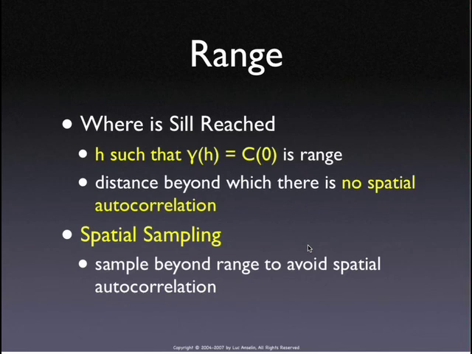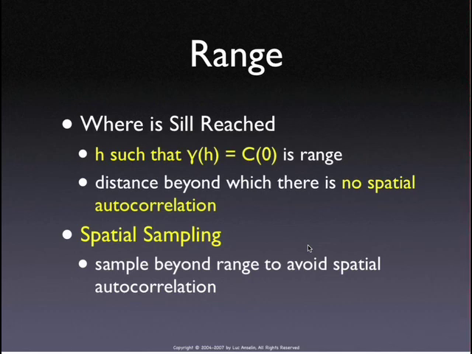As long as I stay H distance enough away, the range of the process, there is no longer any spatial autocorrelation. So then for all practical purposes, I have an uncorrelated sample. So if I want to avoid problems with spatial autocorrelation, this is one solution. The solution is to sample observations far enough apart. Now, how far?